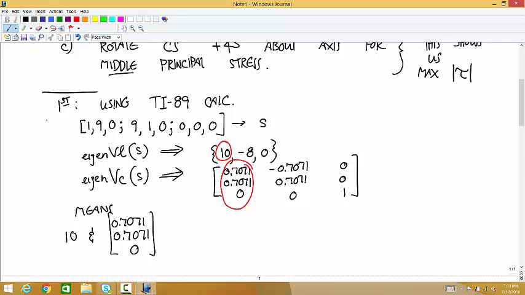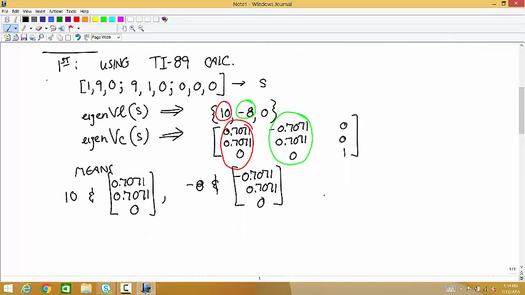Then I'll use green. The -8 corresponds to this outward-facing normal. So -8 and the vector negative 0.7071, positive 0.7071, 0. Those are a pair. And then the third pair is 0 and 0, 0, 1.